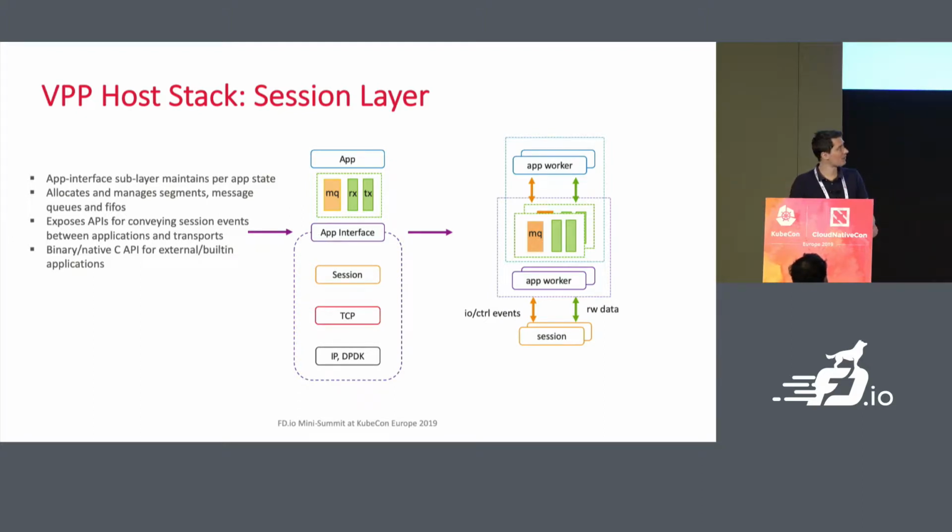And apart from the shared memory API, the app interface sublayer also exposes a native C API. This one is used for built-in applications, that is, applications that run within the VPP process. We'll go over these in a bit more detail towards the end of the presentation.